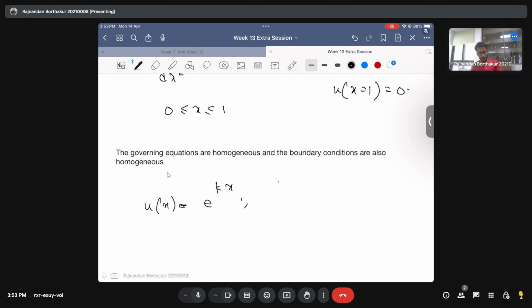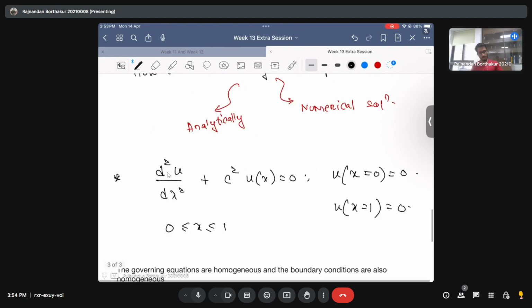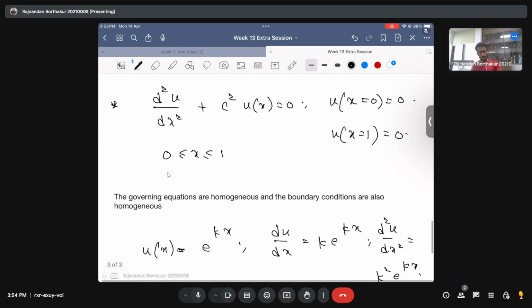Then I know that my du by dx is going to be k e power kx, and the second derivative d2u by dx2 is going to be k square times e power kx. And then I'll just substitute this into my equation 1.